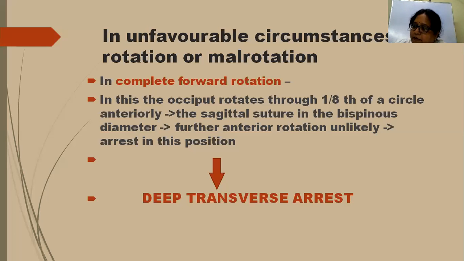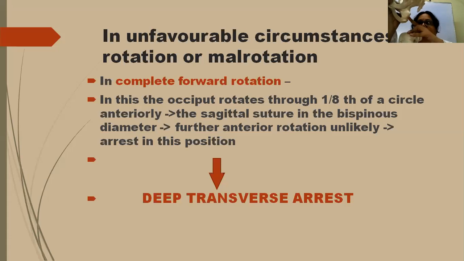This is the sagittal suture, and it will lie transversely in the pelvic inlet like this, in the transverse bispinous diameter. These are the ischial spines. So this sagittal suture will be lying like this, transversely.